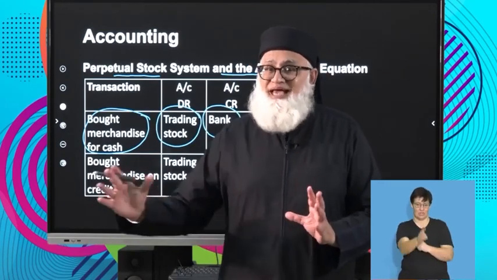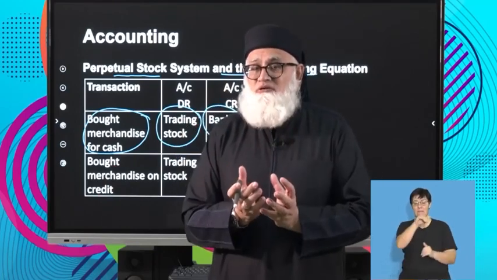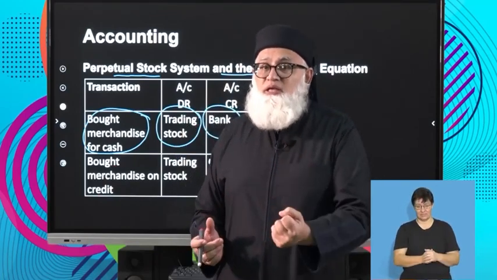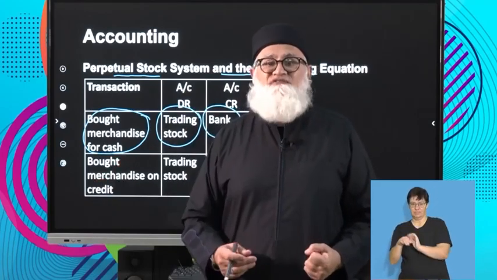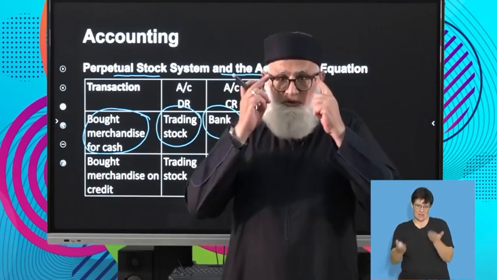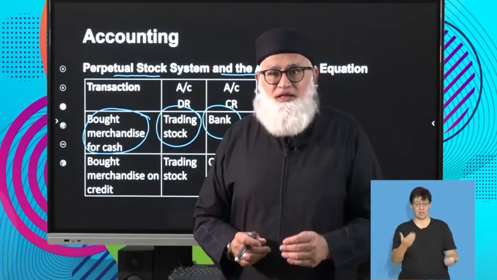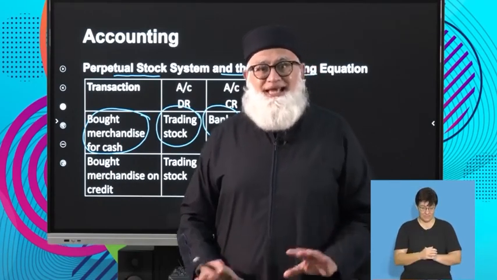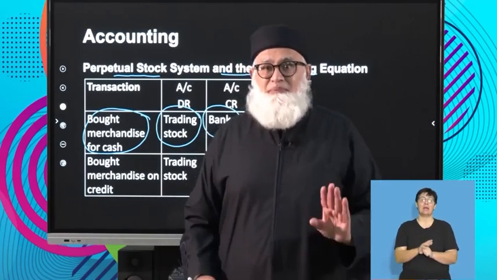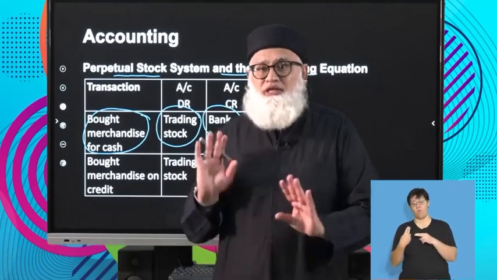This is just a side dish, where bank could either be a favorable balance or an overdraft, an unfavorable balance. So very important, when you're doing the accounting equation component, check whether bank is favorable or unfavorable. It doesn't impact on debit and credit, but it impacts on whether bank is an asset or a liability. We're assuming now that bank is favorable.